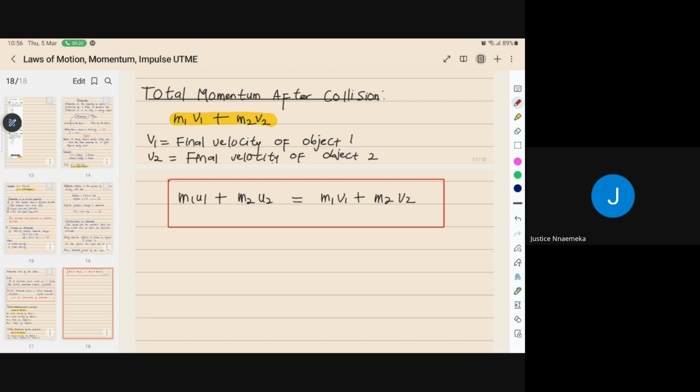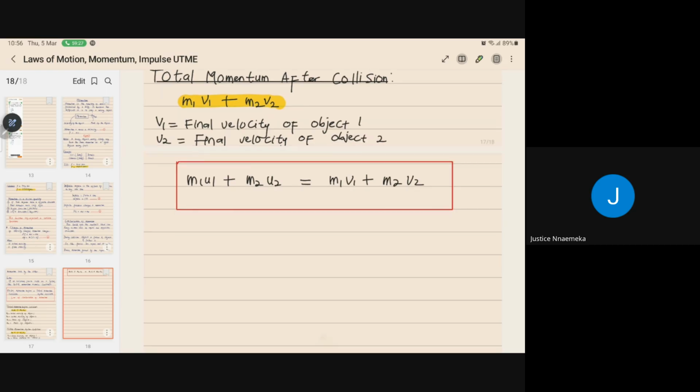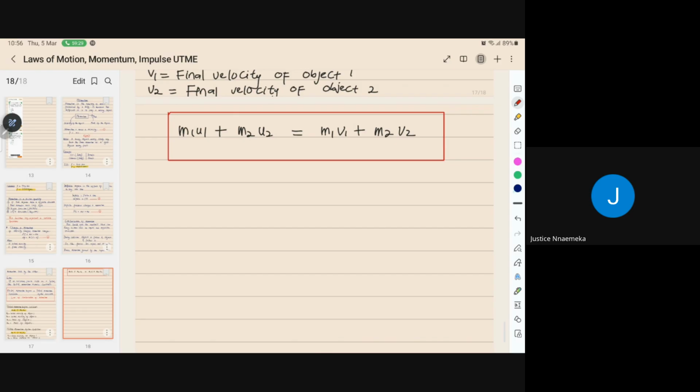Now let's look at the types of collision. For us to talk about collision, we must look at two key variables. In collision, it is defined by two variables. The first variable is momentum and the second is kinetic energy.